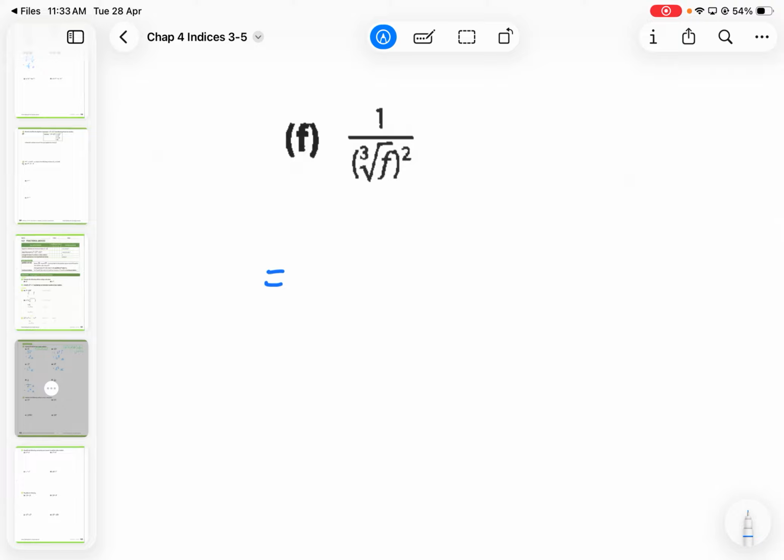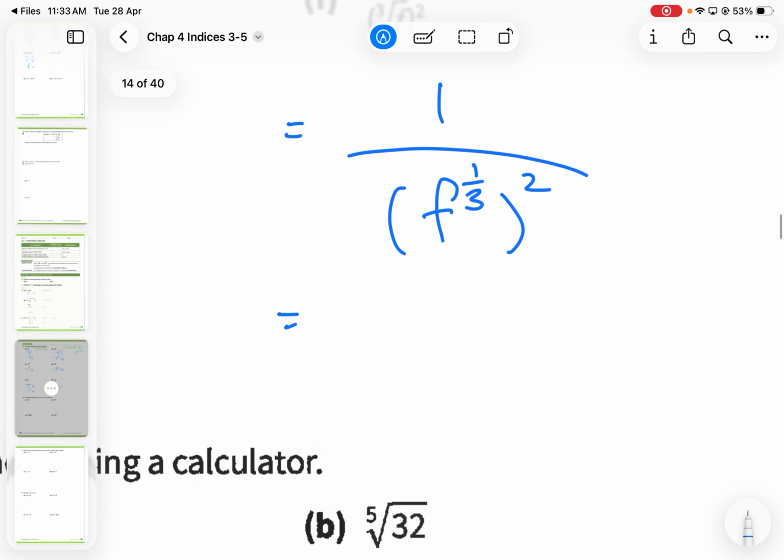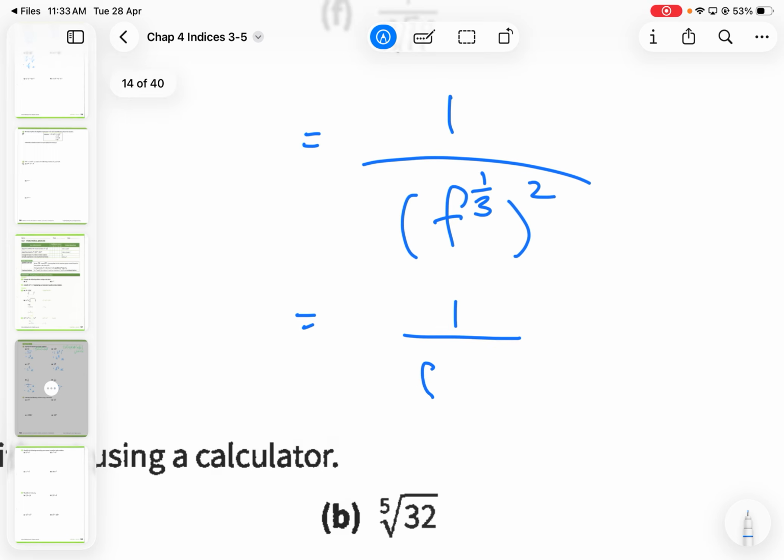For part F, what is happening? Do things step by step. Don't skip a lot of steps. What is inside the bracket? I do what is inside the bracket first. F, cube root. So F by default is power 1. When I cube root, it becomes 1/3, the power 1 divided by 3. Then when I square the bracket, it will multiply 1/3 by 2.